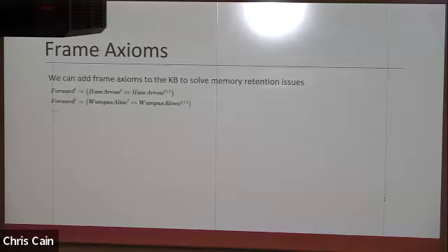If I move forward and the wumpus is alive, the wumpus will still be alive in the next time step, because the only way the wumpus is not alive is if it is shot. I don't know what the difference is between alive and alivey, but I'm sure we'll figure it out.